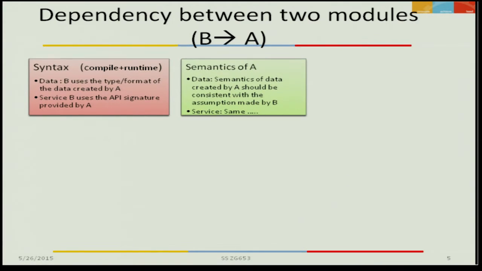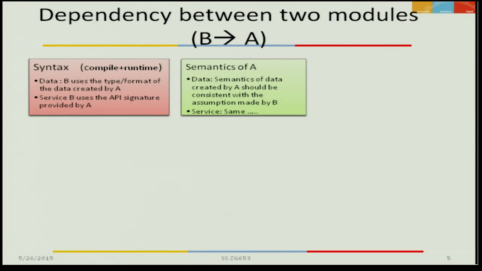There could be some data structure in which there are certain fields, and that field might contain some values, and that value has some meaning. There could be some numbers, and those numbers might have some meaning. Now, those meanings are all assumed meanings, and those assumptions are made by B because B is using the data created by A.